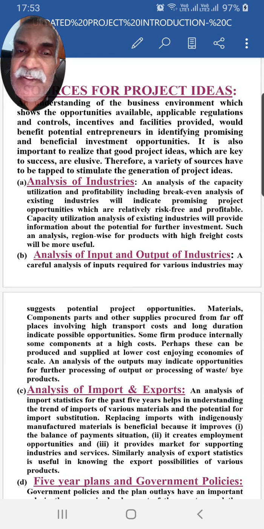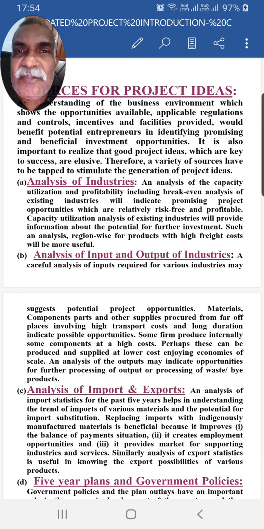The component materials and supplies procured from far off places involve high transportation cost, obviously, and long duration, and indicate possible opportunities.